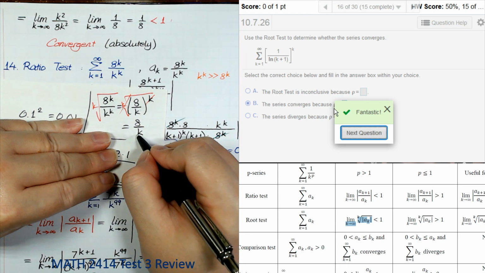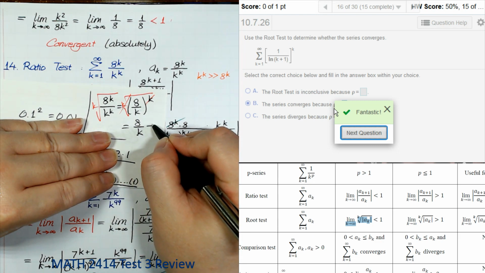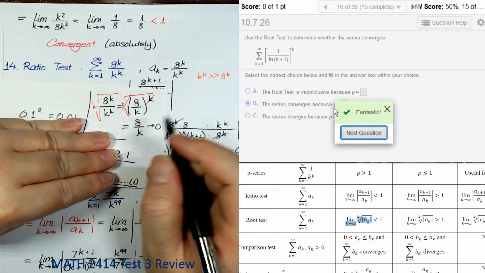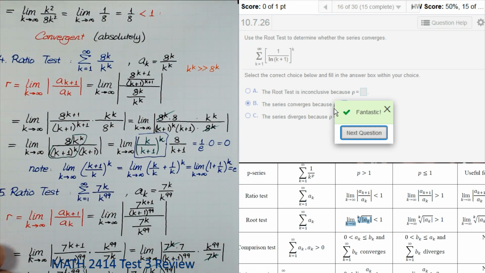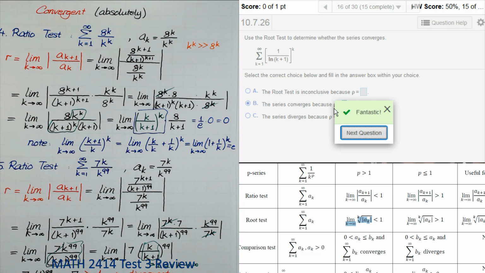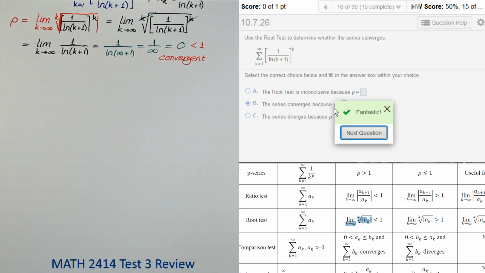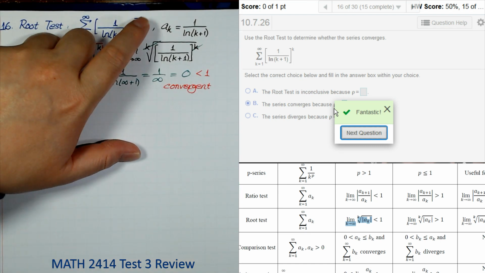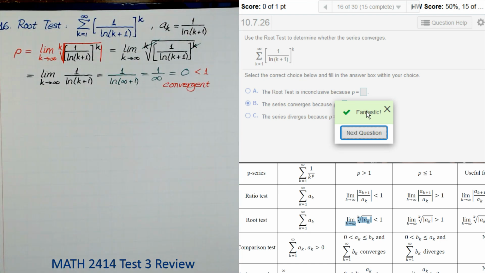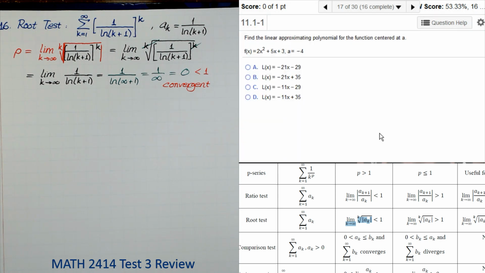As k goes to infinity, this one goes to 0. So by the root test, this one is convergent. We don't have to go through all of that. So the root test, when it works, turned out to be very nice, but of very limited application. It had to have the k power there in order to use the root test.